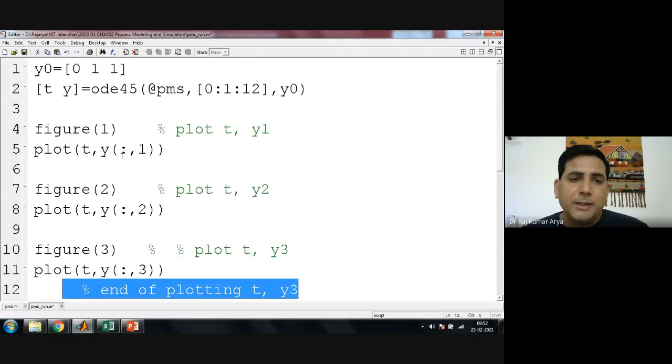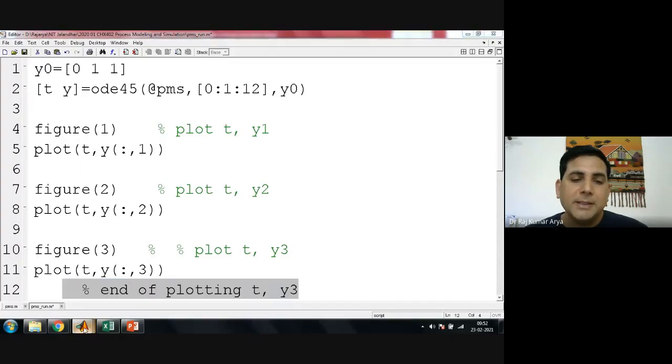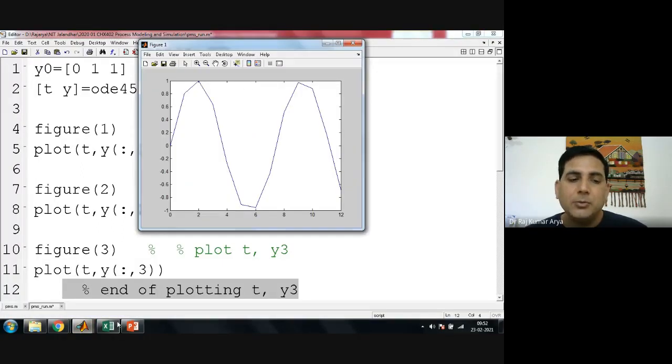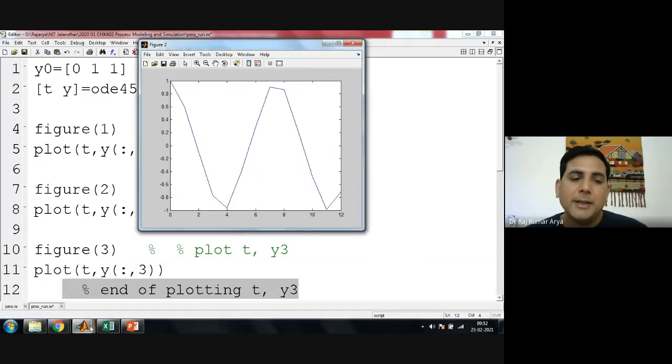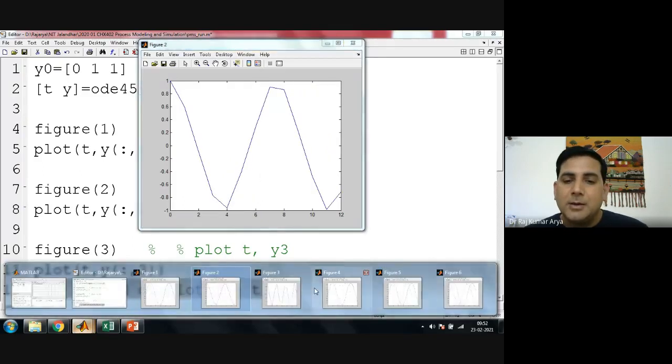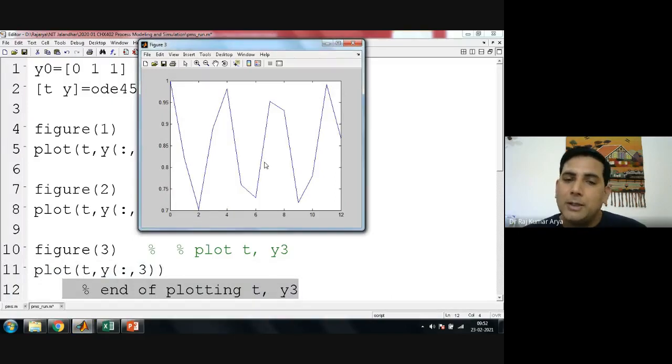Now, if you define something like that, the color would be chosen by MATLAB automatically. If you see, the color of figure 1 is blue. The color of figure 2 is blue again. The color of figure 3 is again blue. By default, MATLAB always plots in blue, because you have not defined any color.